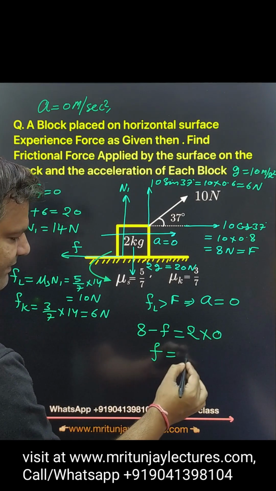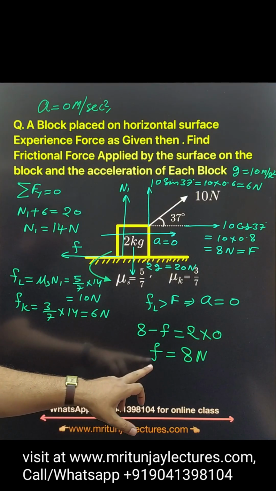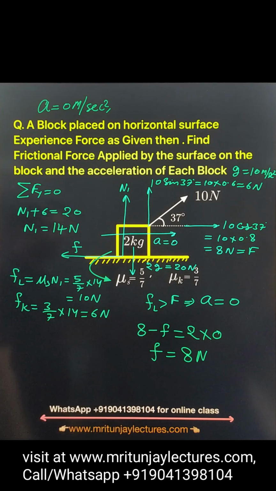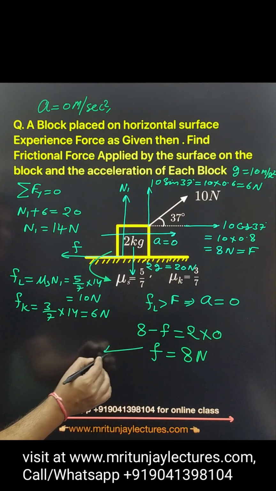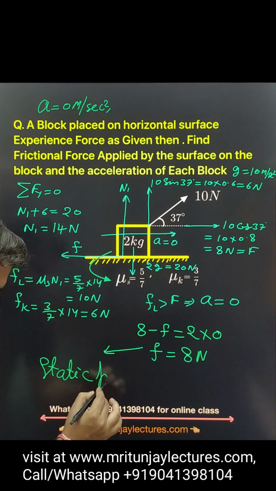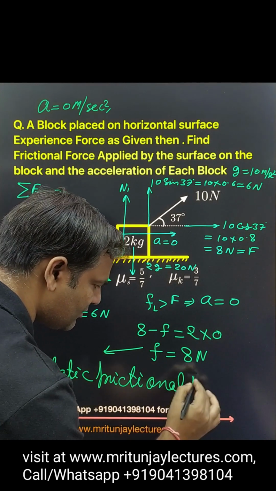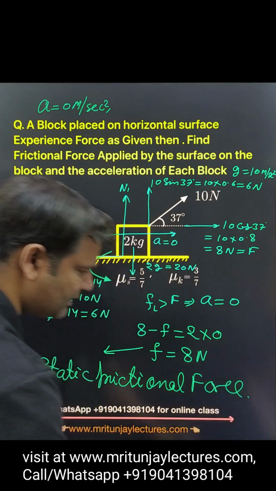So it means f will be equal to 8 Newton. I hope it is clear. So the driving force will be equal to the frictional force, and that force is called static frictional force.